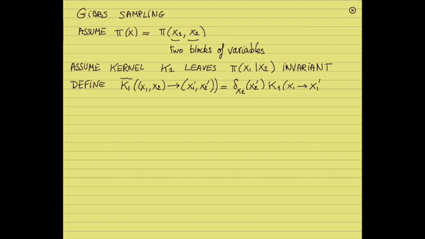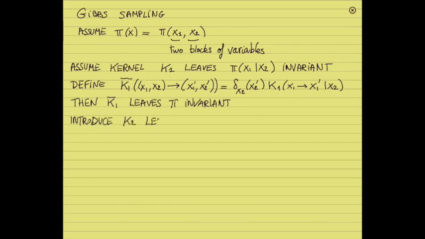And then combine with a Markov kernel that we introduced, K1, that operates only on x1 and that targets the conditional distribution of x1 given x2. Then this K1 bar leaves the whole target pi invariant. It doesn't move x2, and that's also useful in proving that K1 bar leaves the whole distribution pi invariant.